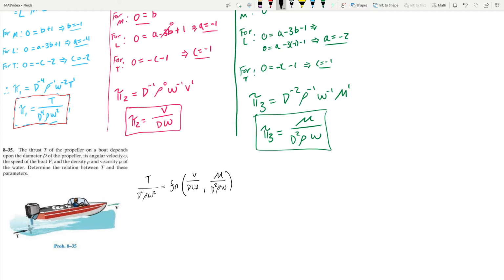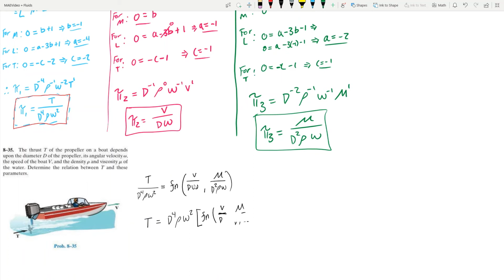Now with that, since they want a relation between t and the other parameters, we can simply just solve for t. So we move the denominator to the other side. So we get t is equal to d to the 4th rho omega squared multiplied with some function of v over d omega as well as mu over d squared rho omega. Let's make that a little nicer.